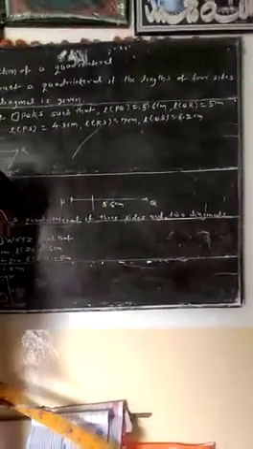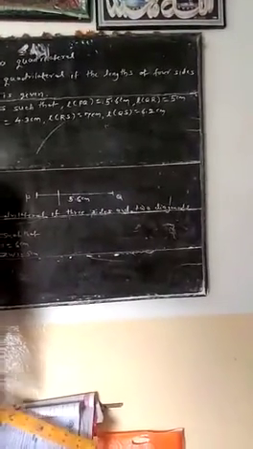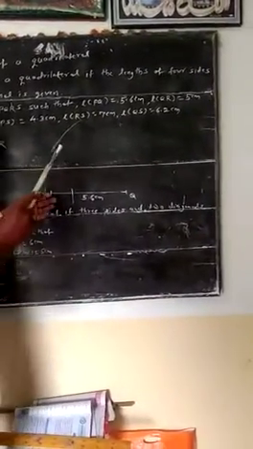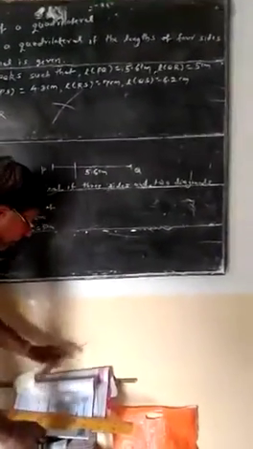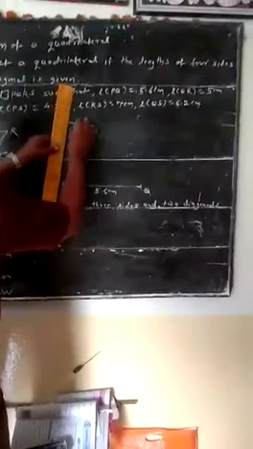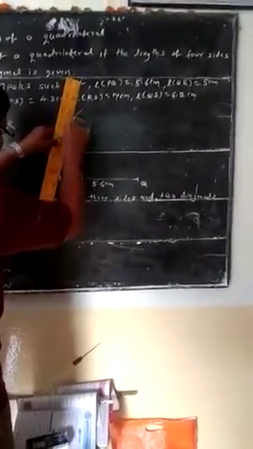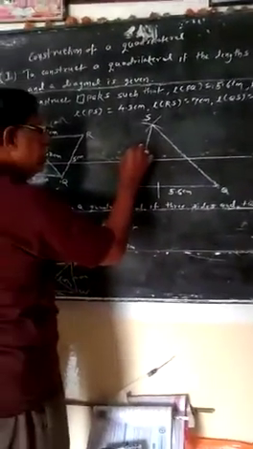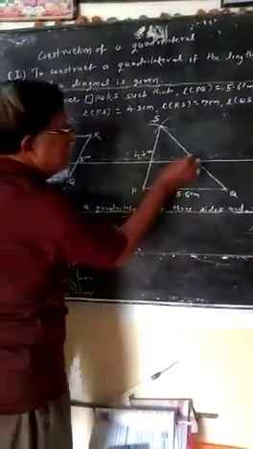Again take 4.3 in the compass, put the point on P, and draw the arc intersecting the previous arc. Keep a limited arc only and rub the extra arc. This point is S. Join PS and QS. This is 4.3 centimeter, this is 6.2 centimeter.